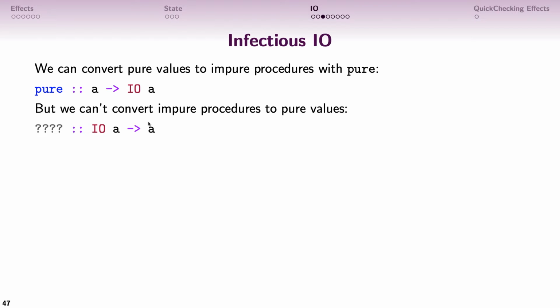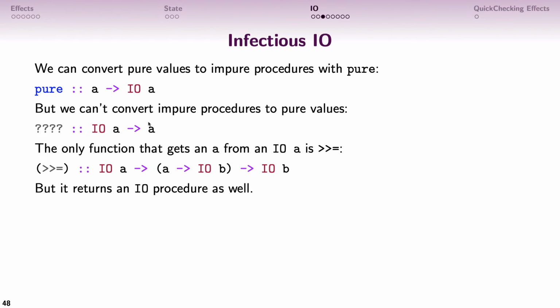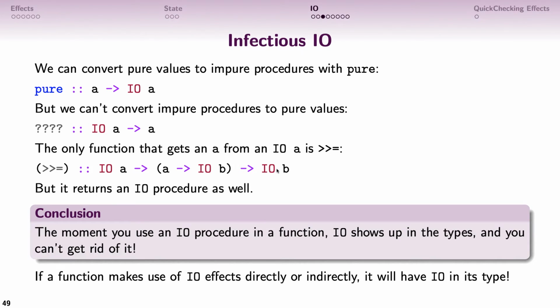In fact, the only function that gets an A out of the IO A is bind, or the do notation equivalent, which takes the A out of the IO A and then puts it immediately into an IO B and returns an IO B. This means that the moment you use any IO procedure inside your functions, the IO is showing up in the type whether you like it or not. So you can never hide an IO constructor from your type system.